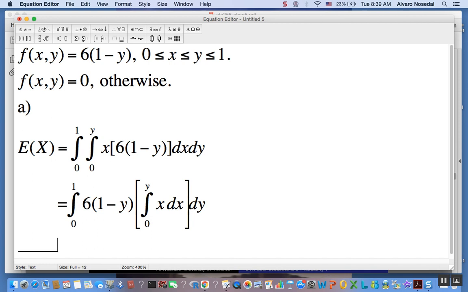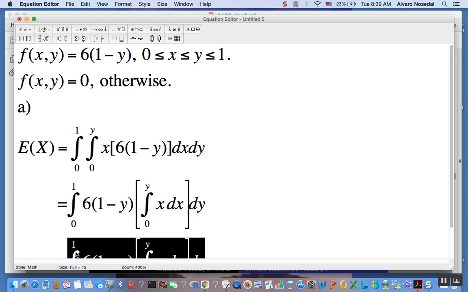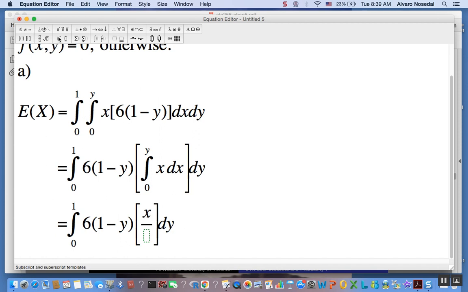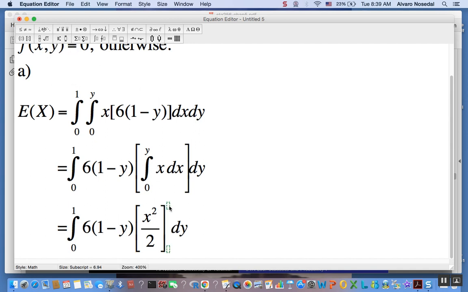So that's an easy integral. The integral with respect to x of x is just going to be x squared divided by 2. Agreed? And we have to evaluate here at 2 different points, y and 0.